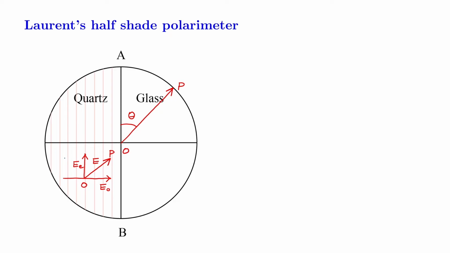Because of the phase difference of pi radian between the ordinary and extraordinary rays, while coming out of the quartz crystal, they combine to result in a wave that is oriented along OQ. So this angle was theta and this angle is also theta. So that the total angle with which the vibration inside the quartz crystal is rotated is 2 theta.